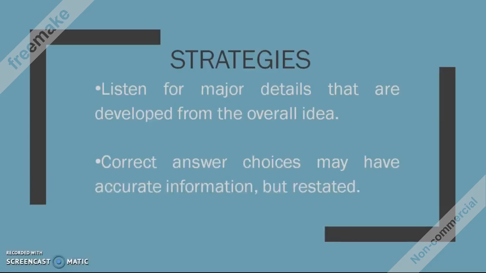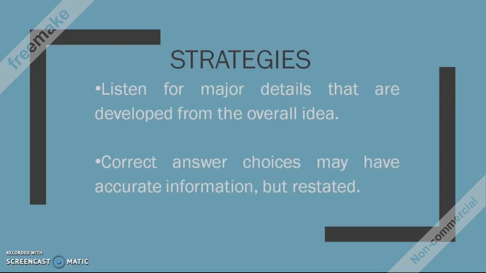So the first strategy is to listen for major details that are developed from the overall idea. This means that as you listen, you may take notes about the most important details that are developed from the main idea. Also, correct answer choices may have accurate information, but restated.